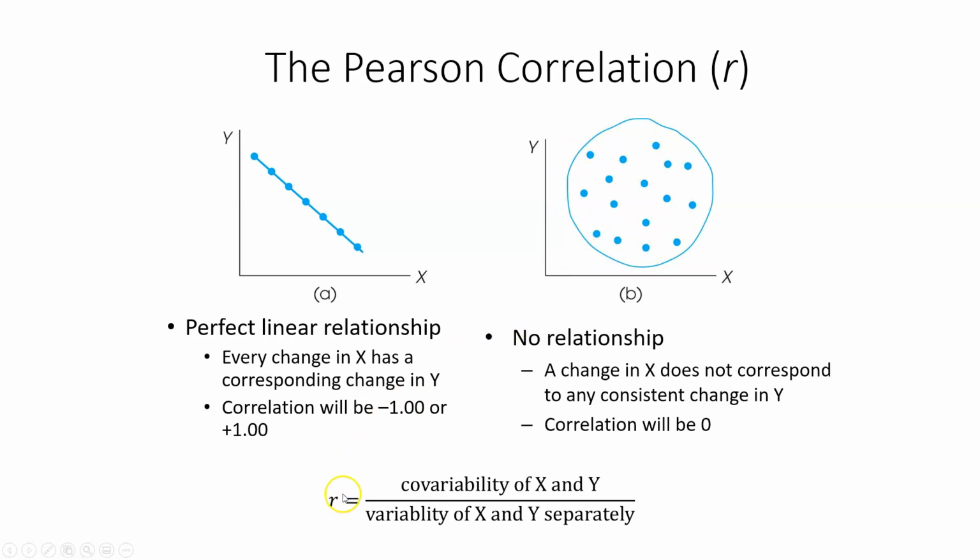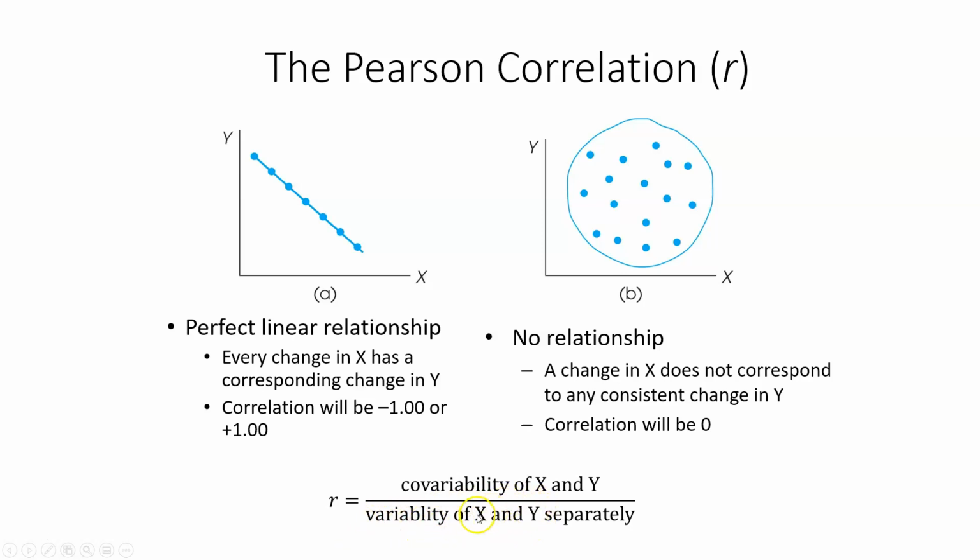Now this R that I showed you here is computed as the covariability of x and y, how much they co-vary, and we divide that by the variability of x and y separately. So how much variability is there in the x variable? How much variability is there in the y variable?